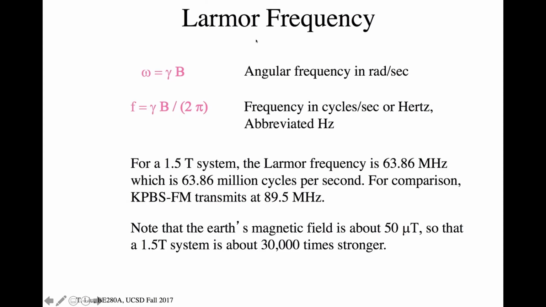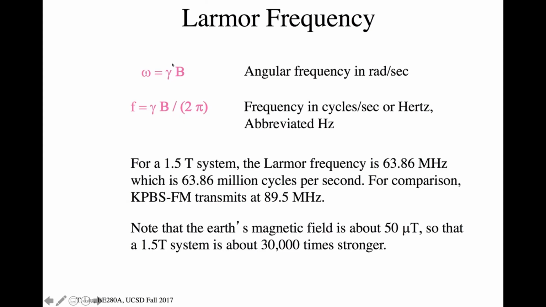So there's a couple of concepts that you need to carry around with you in MRI. One is called the Larmor frequency. This is the frequency at which protons will absorb and re-emit radio frequency energy as a function of the magnetic field.